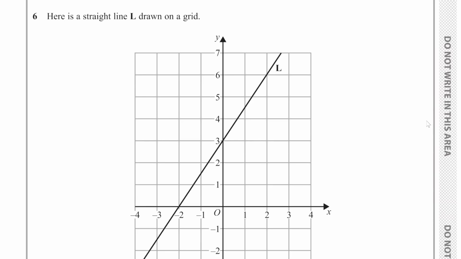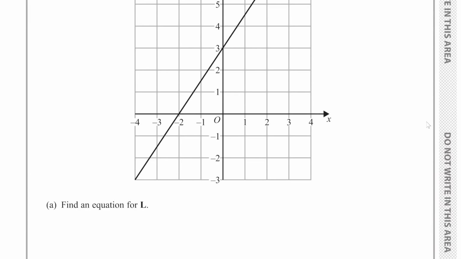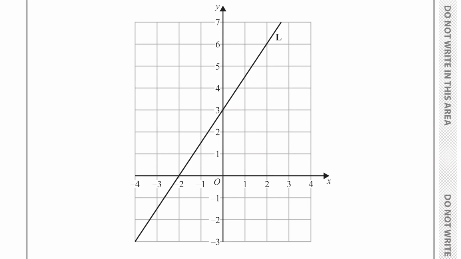Question 6. Here is a straight line, L, drawn on a grid. Find an equation for L. The equation of a straight line is in the form y equals mx plus c, where m is the gradient and c is the y-intercept, where it crosses the y-axis. So the y-intercept is 3.